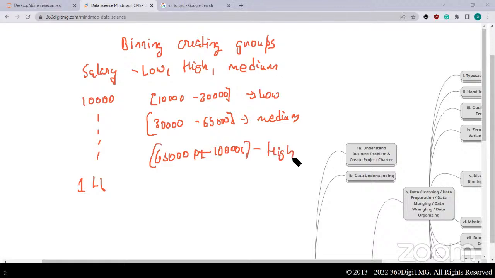So instead of having 2 groups, now you have created 3 groups. These 3 groups, you can use further on when you're building your ML model. But essentially you had some continuous values, and now they have been converted to discrete values. Okay. So that is what we do in binning.